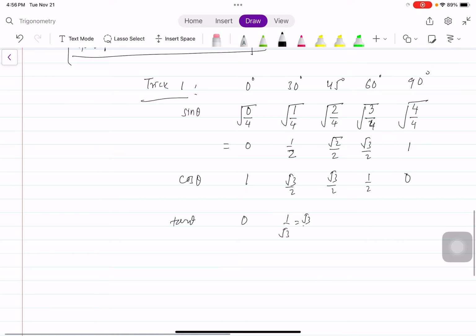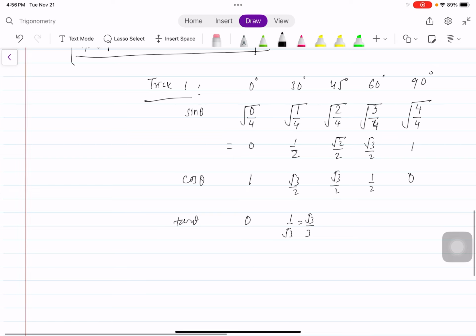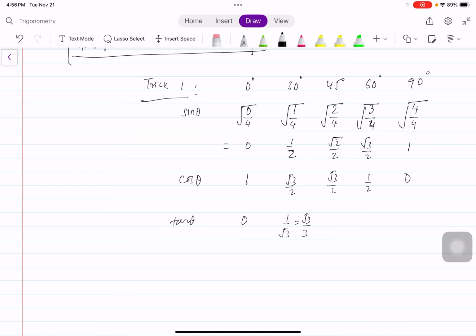You might also see this other form, both are equal. This comes from rationalization. This is 1, and this is square root 3, and this is infinite. Infinite means not defined, since 1 over 0 is an undefined quantity.